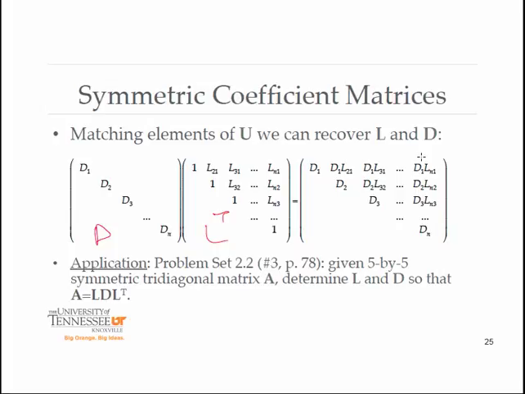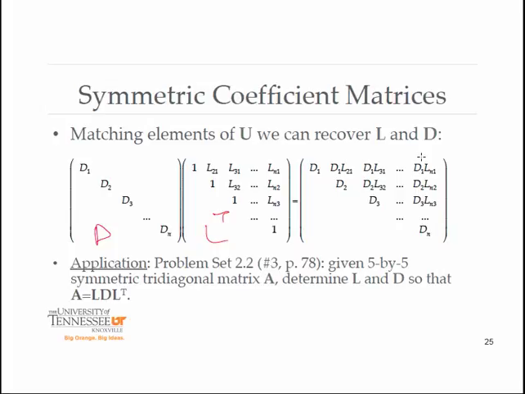It's in problem set 2.2, number 3 on page 78. You're given a 5x5 symmetric tridiagonal matrix, and you're asked to determine the L and the D so that you can write the matrix as A equals L D L transpose. If it's symmetric, you can write it as LDL transpose.